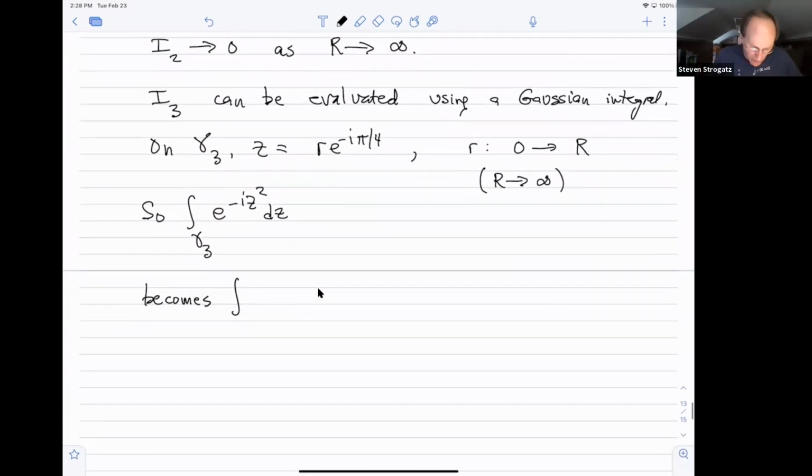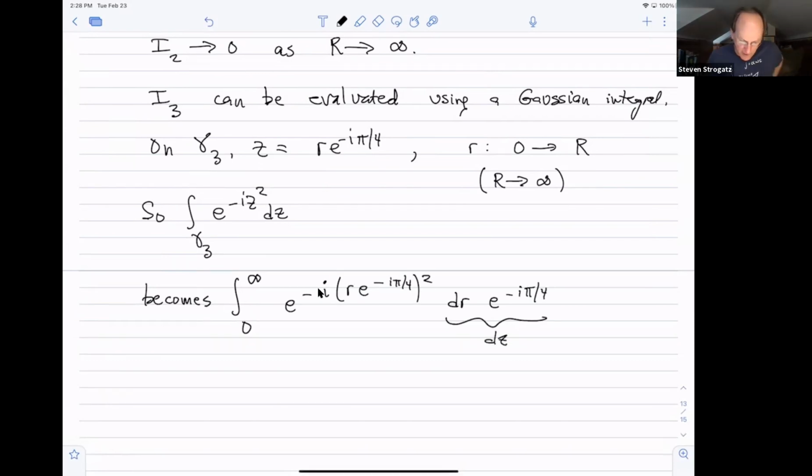It becomes, well, we take this parameter little r out to infinity. We have e to the minus i, the z is r e to the minus i pi over 4, and that's all getting squared. The dz would be dr e to the minus i pi over 4.